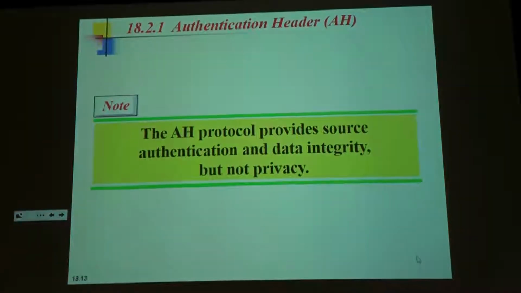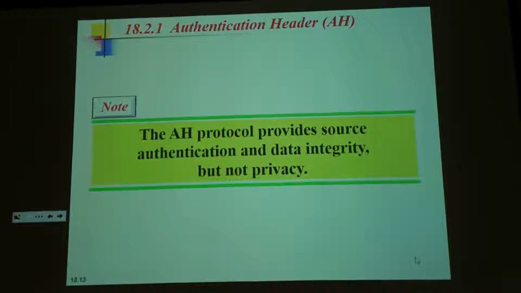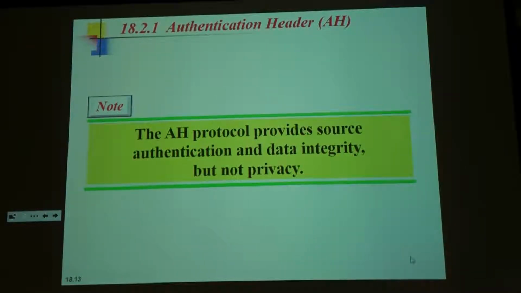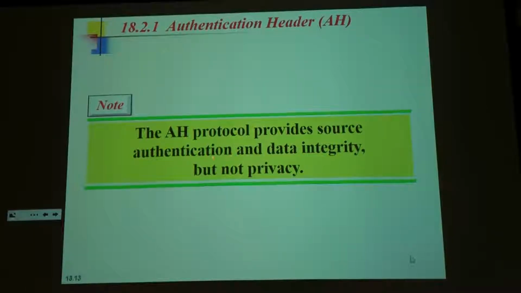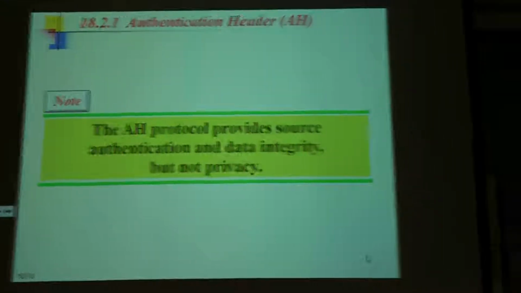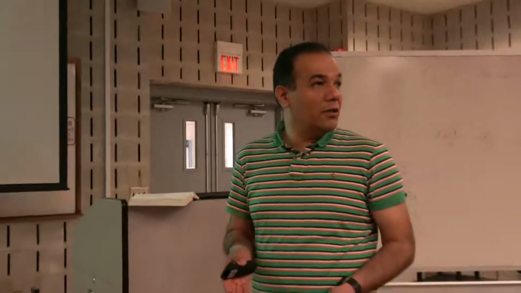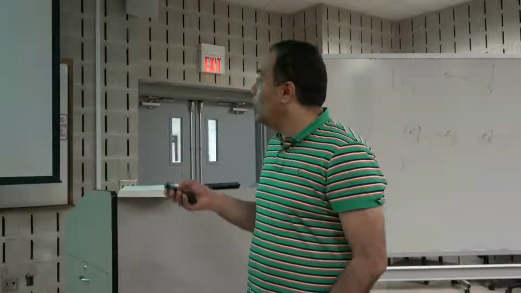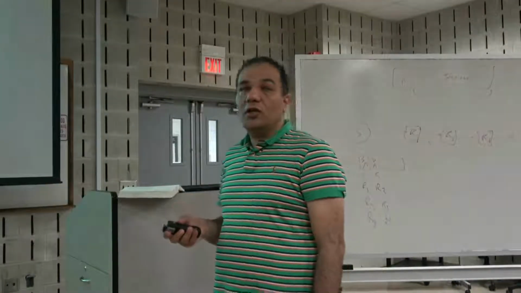Okay, so let's start with the simple one: authentication header. The authentication header protocol provides source authentication and data integrity, but no privacy. When we say but no privacy, that means no encryption for the data. Okay? We're providing only source authentication, that we authenticate the source.